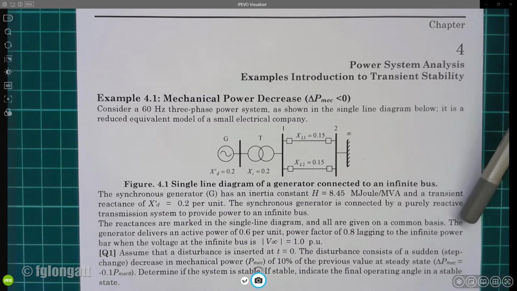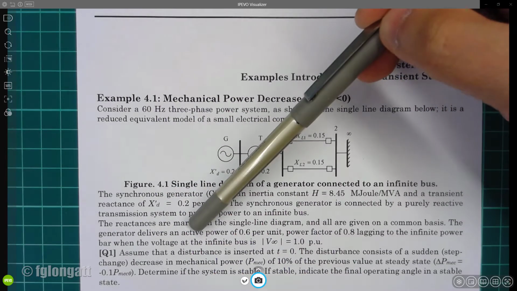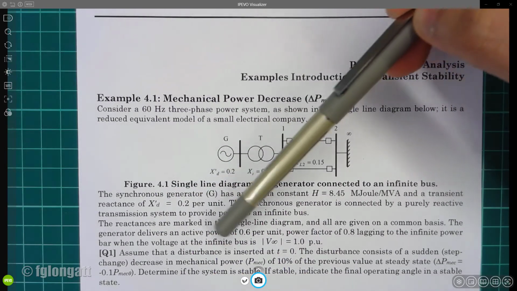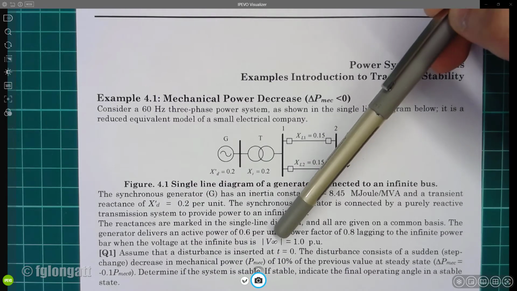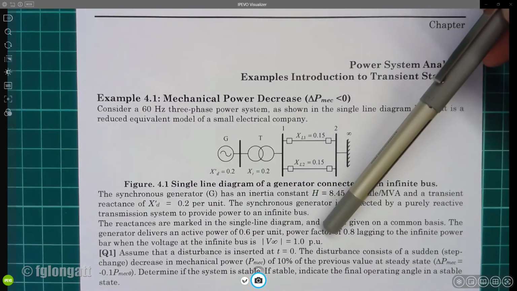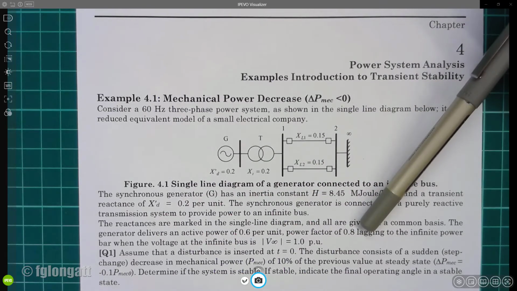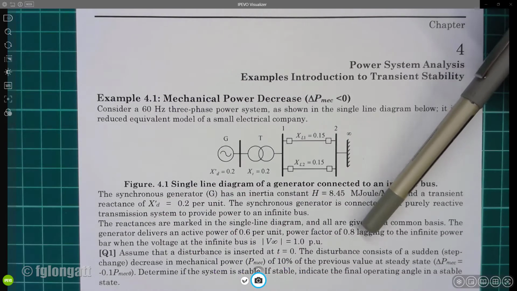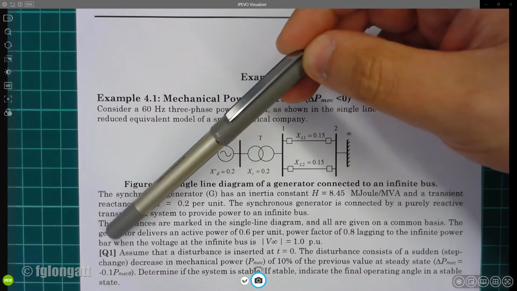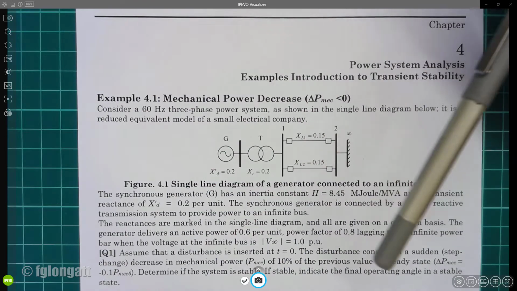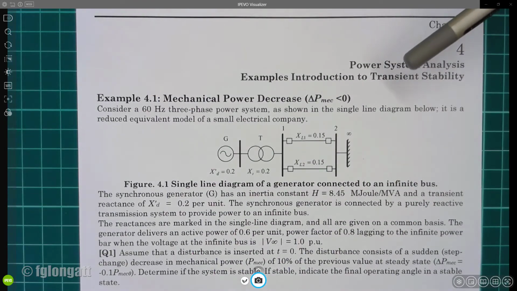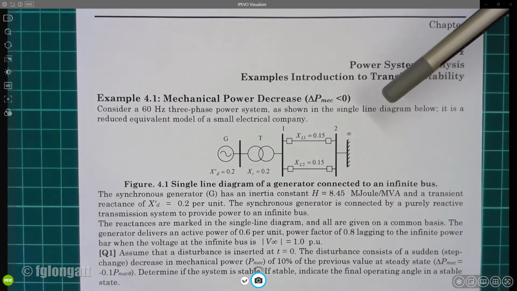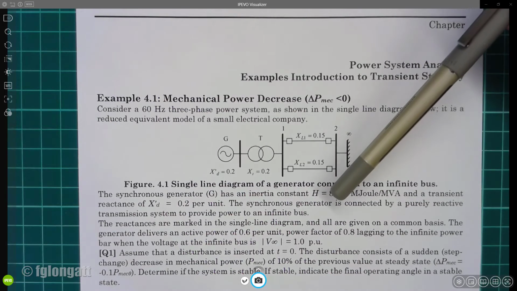Then there is some data from the load flow. The generator delivers an active power of 0.6 per unit, at a power factor of 0.8 lagging, to the infinite bus bar when the voltage at the infinite bus bar is 1 per unit. Some of my students are confused about where that is.